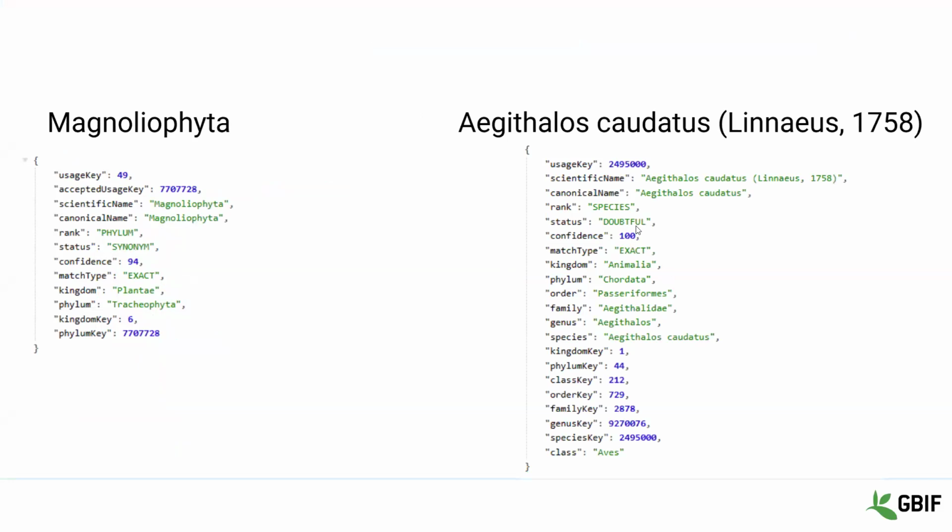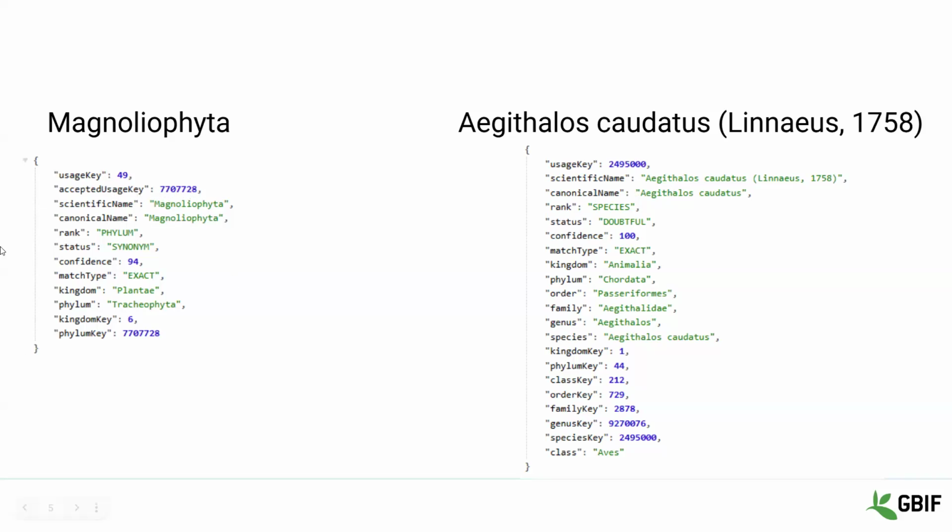And this one is doubtful because there is some problem with this particular name. When it is doubtful, it does not give you the accepted name. Yes, I was just going to ask, it is giving only the usage key in this.